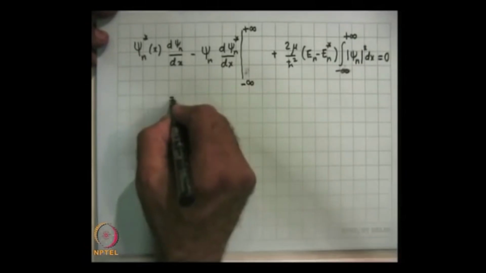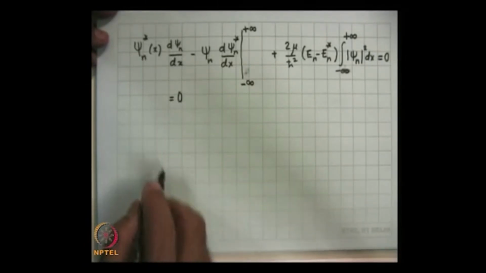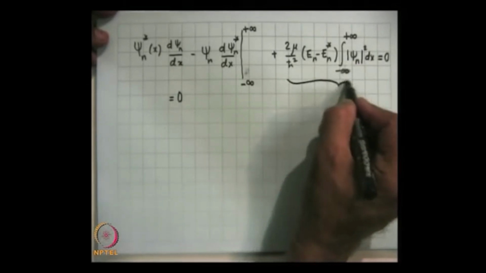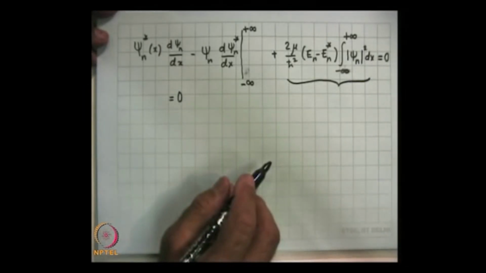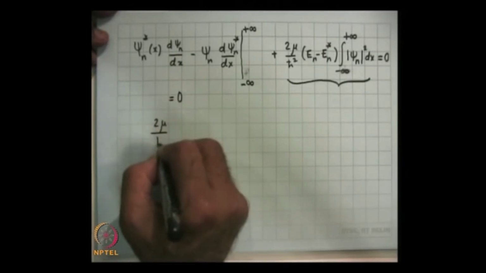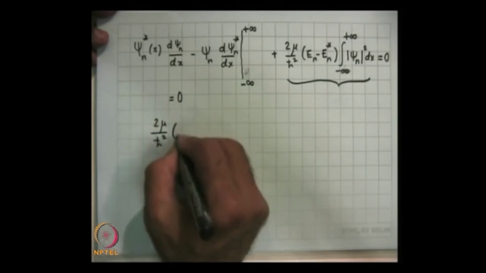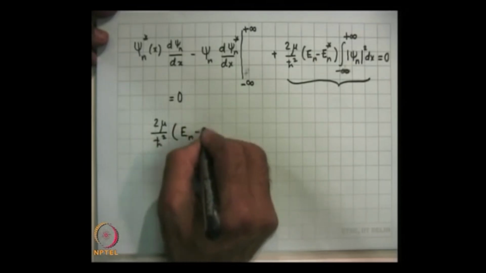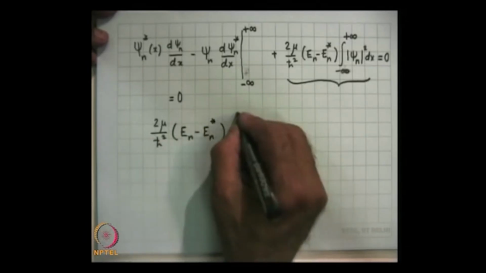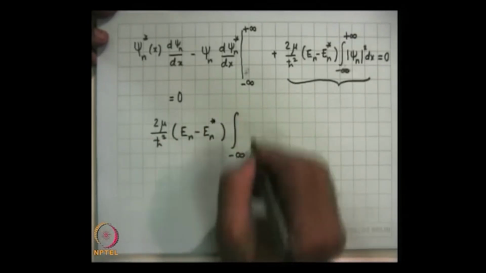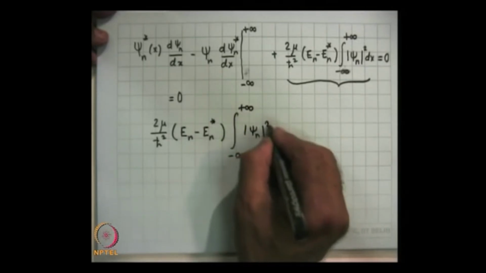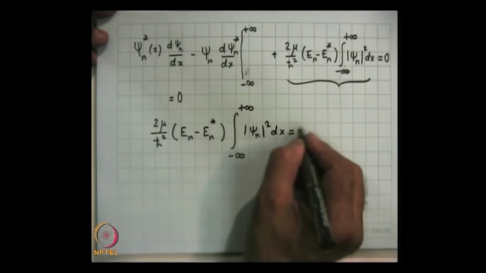So, we will obtain this quantity as 0. So, we will have 2 mu by h cross square, which is just a number which can be removed, E n minus E n star, integral minus infinity to plus infinity mod psi n square dx is equal to 0.